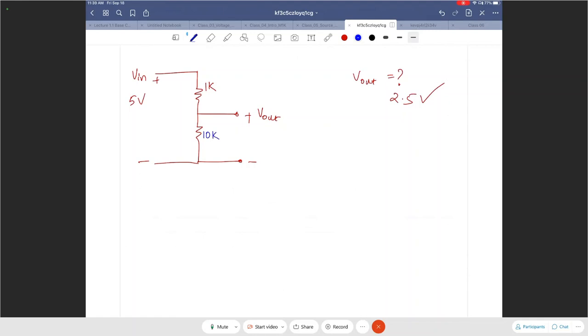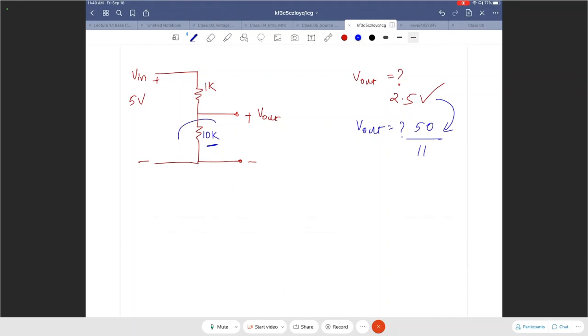What happened? Yes, from 2.5 it jumped to over 4 point something, 4.54. You see that as you increase the resistance, V out is increasing.